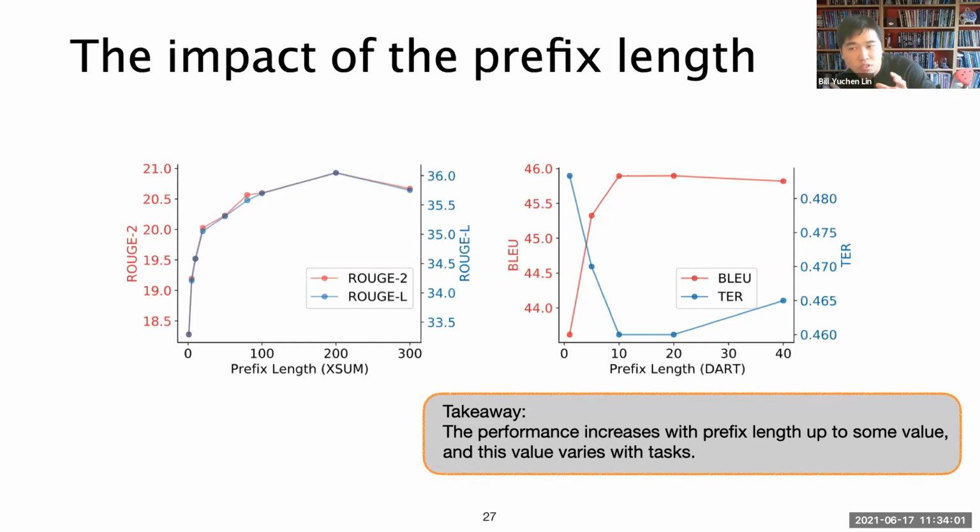And when you compute the parameters, the real size of the parameters for prefix, is it the length of the prefix times the number of layers times the dimension? Is that how you estimate the parameter size? Right, yeah, that's how I estimate the parameter size.